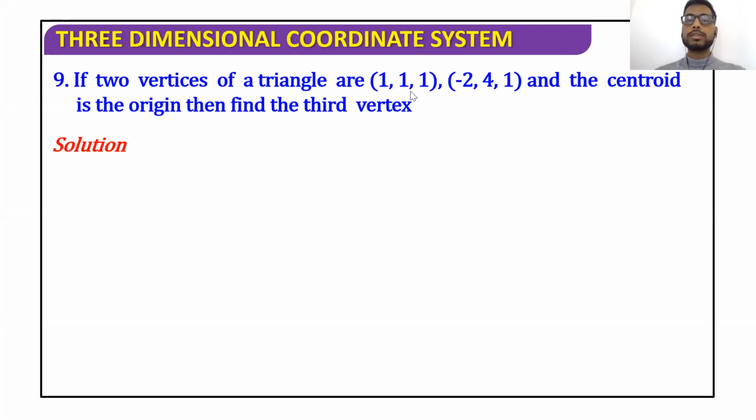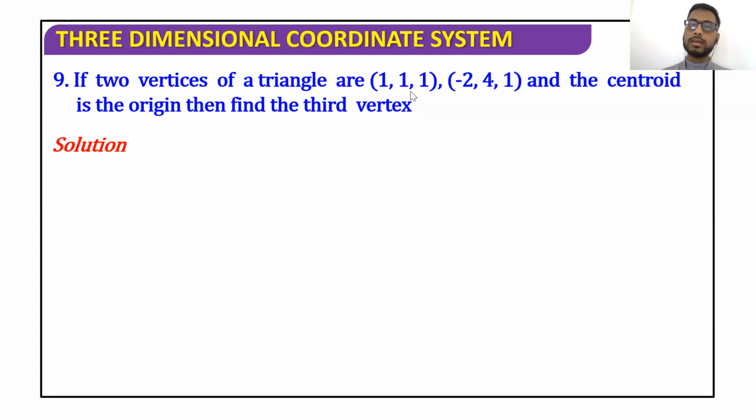Next question, two vertices of a triangle are given and it is said that the centroid is the origin and you have to find the third vertex. Again, centroid formula is x1 plus x2 plus x3 upon 3. However, in this case, you don't have the third vertex. So assume that the third point is x, y, z. And it is given that the centroid is origin. So the coordinates of centroid are going to be equal to 0, 0, 0.